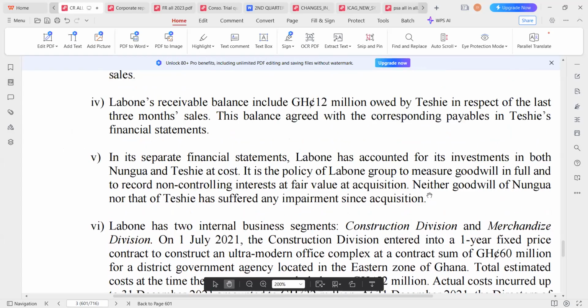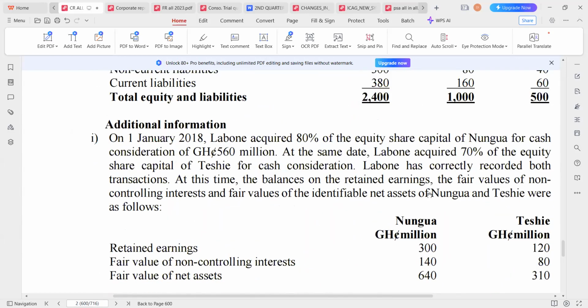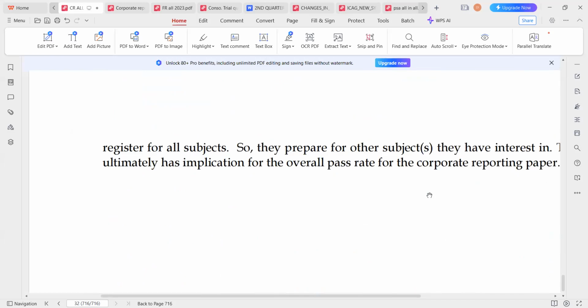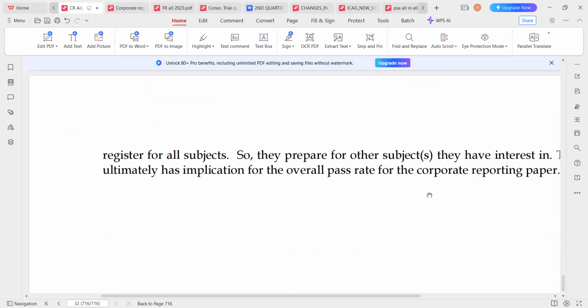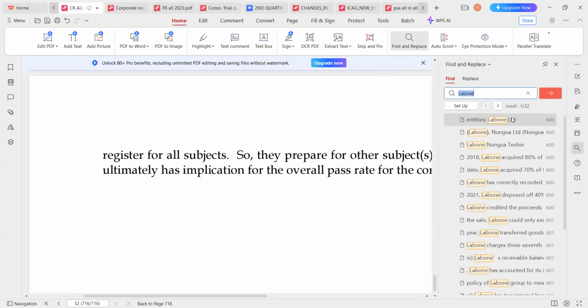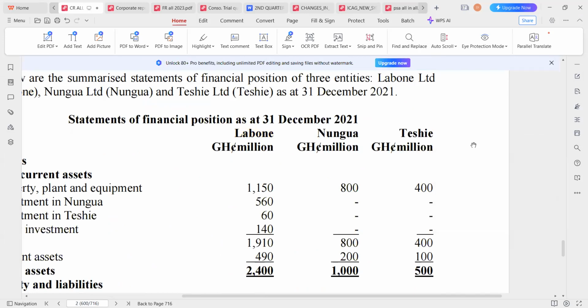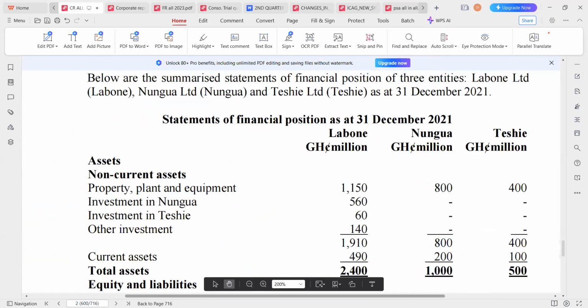So for balance sheet, you create your goodwill column. Now it's only Laboni and Nungwa we are adding. Parent plus Nungwa; Teshi's items will not be added. So this is a balance sheet, not P&L.